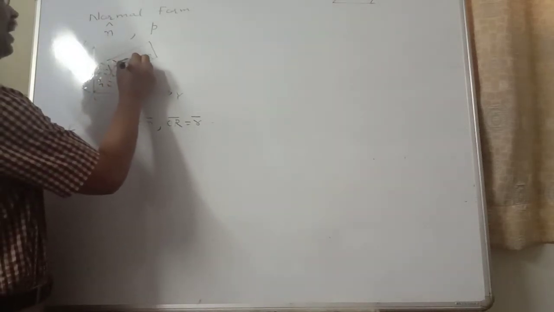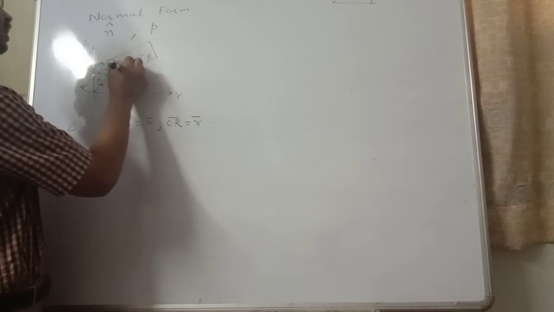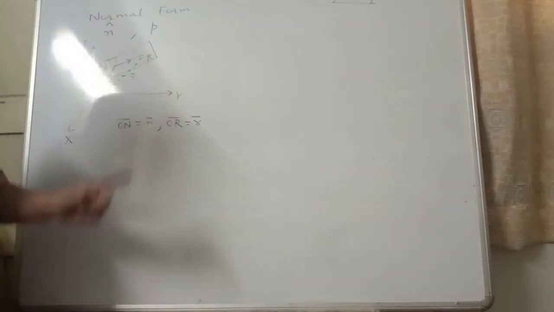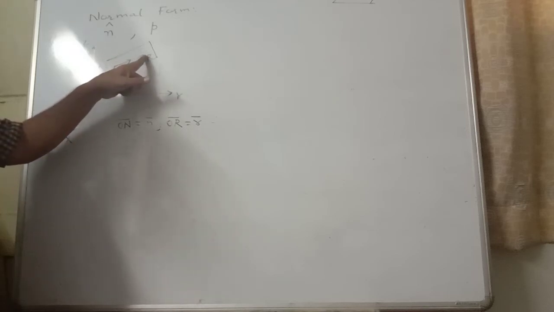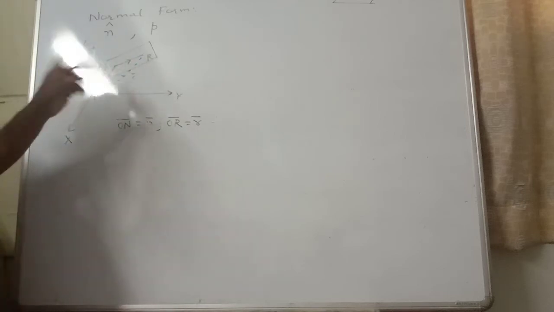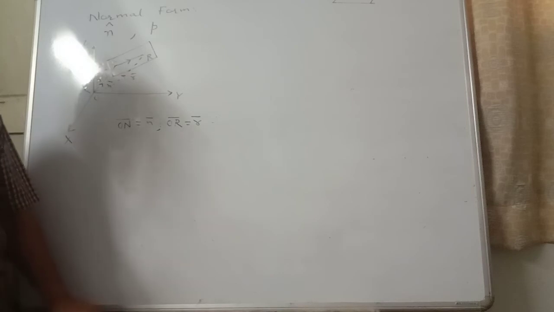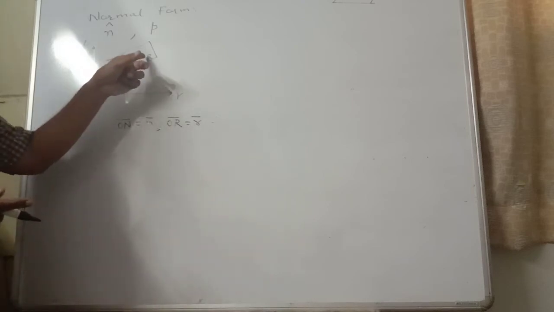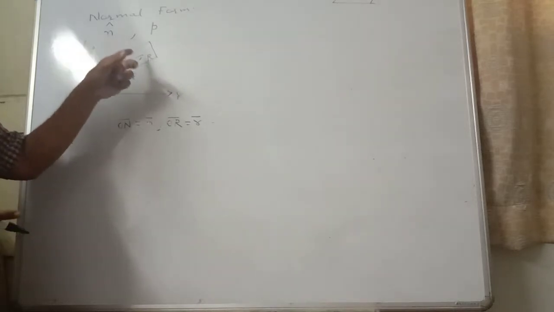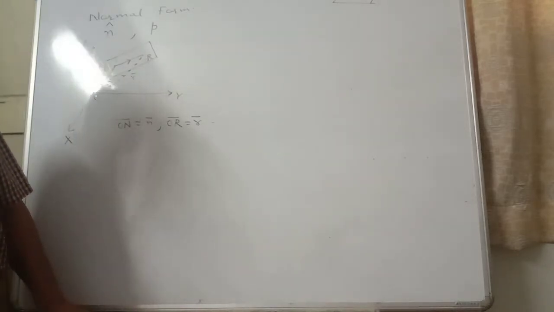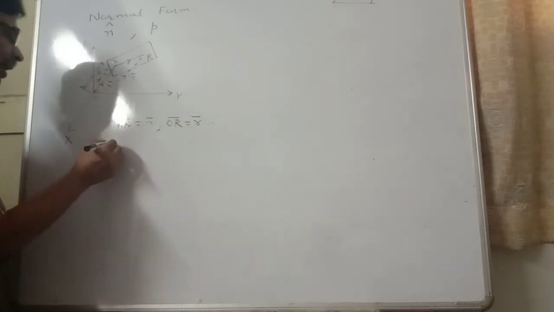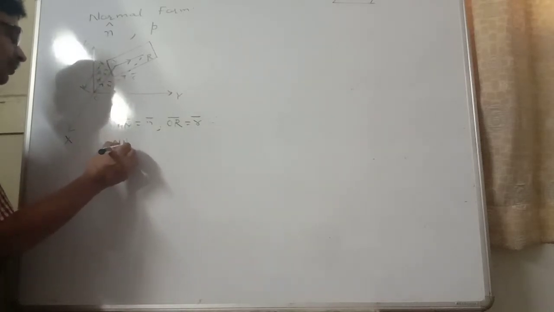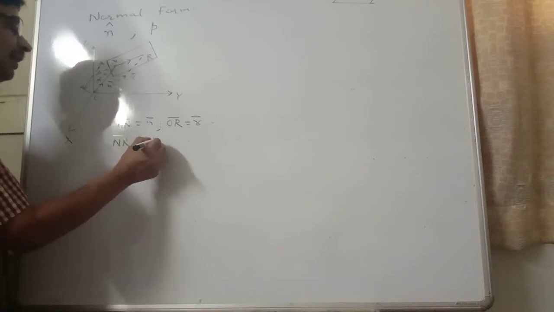Join NR. NR bar is a vector in that plane because N and R are 2 points in the plane. A vector passing through 2 points, or a line passing through 2 points in a plane, also lies in that plane. It means that vector NR bar lies in the plane.